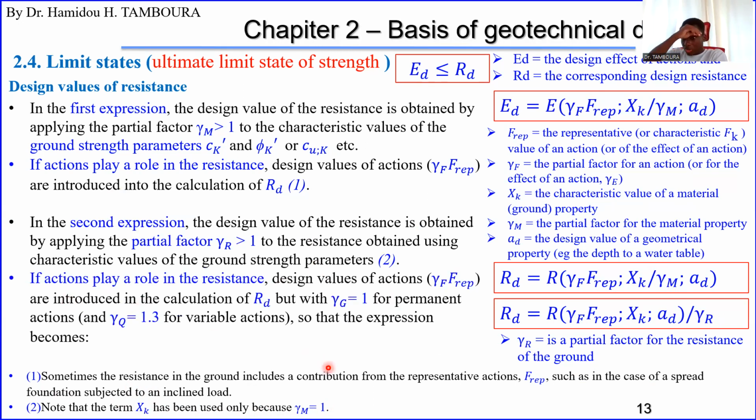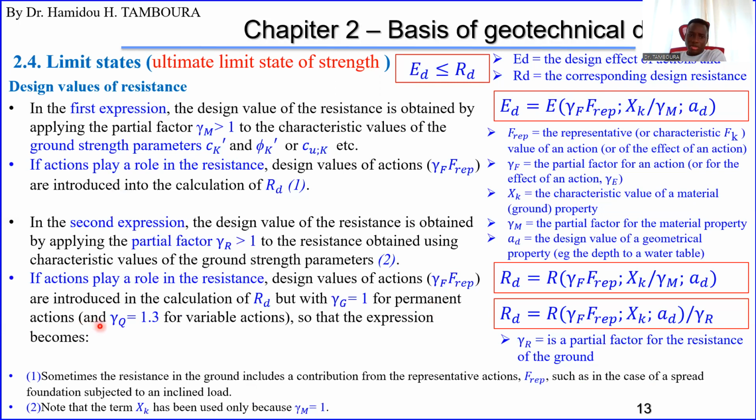If we have any action, any force or load that plays a role in the resistance, in that case the design value of the action is introduced in the calculation of the resistance Rd, with gamma G meaning the permanent action. If the action is permanent, then the partial factor of that action will be 1.